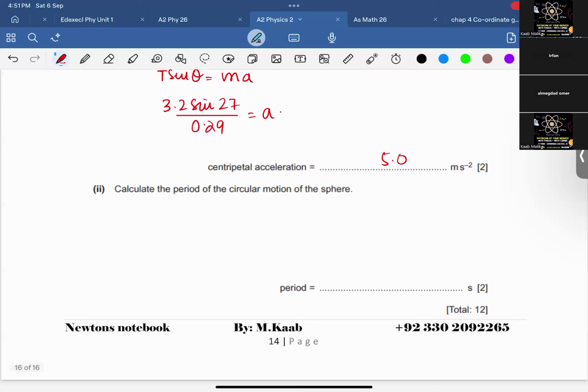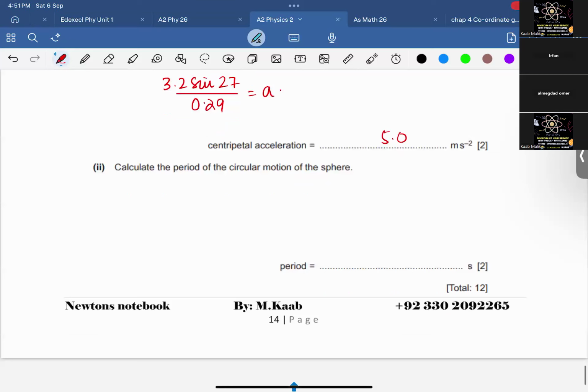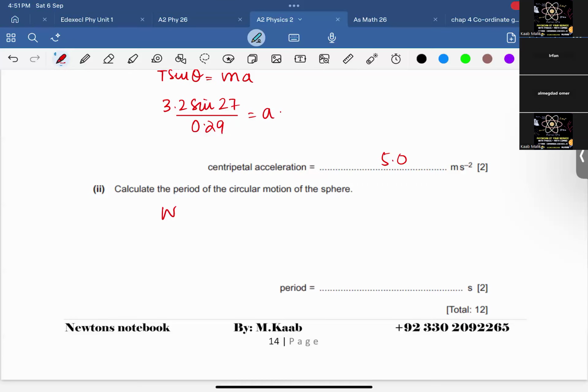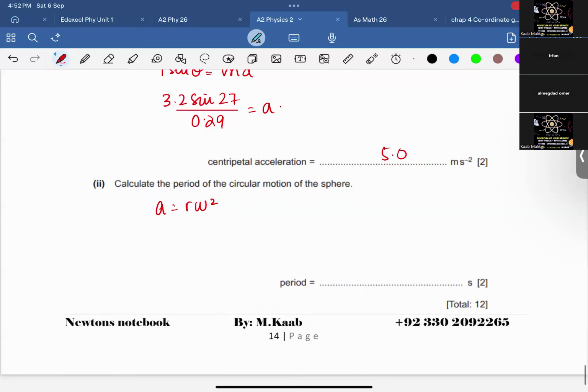Now the period of the circular motion. For the period, omega equals 2 pi over T, but we don't have omega. We have to find omega first. We can do a equals r omega squared.